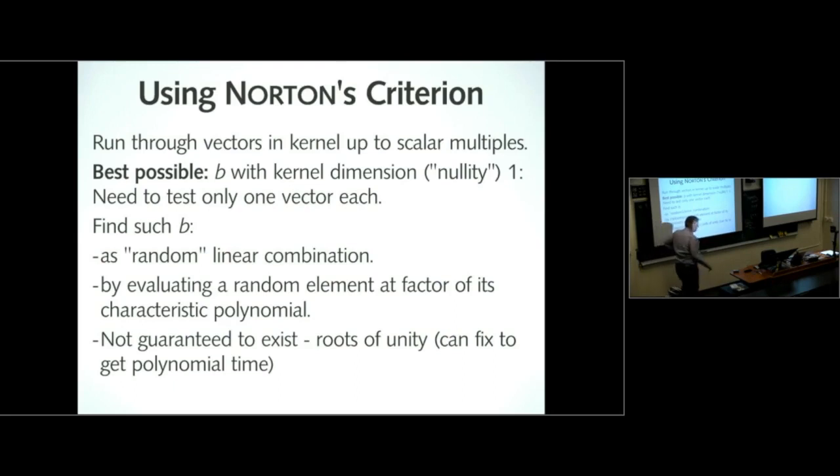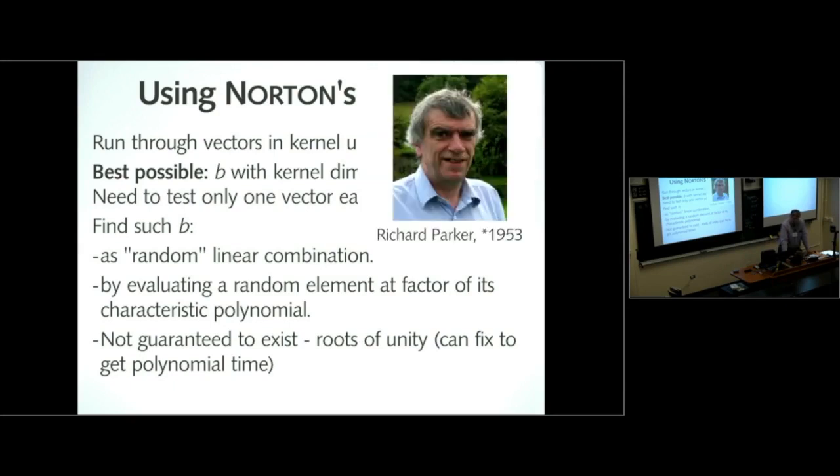So how do we find such elements which have a kernel of small dimension? The first proposal, and that's actually where the idea of this approach, which goes under the name of meataxe, comes from, is in a paper by Richard Parker from 1982. What he says is just pick some random linear combinations of products in the generators.